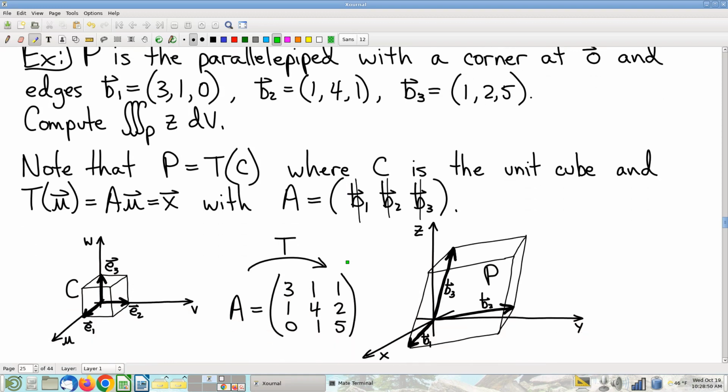So suppose we've got a parallelepiped, hard to draw, and it's defined by these three vectors. If you've got 3 vectors, that defines a parallelepiped, corner at the origin. And suppose that's your domain, right?